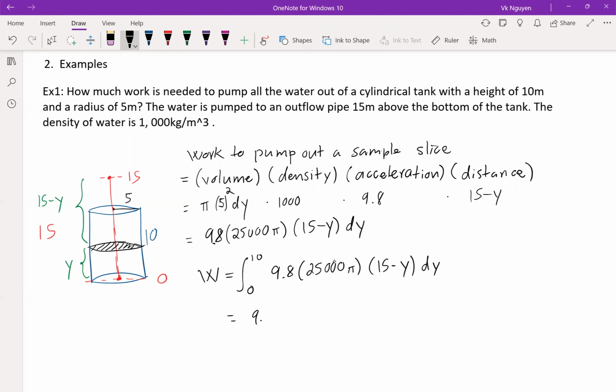This would be 9.8 times 25,000 pi times 15y minus y squared over 2, evaluated from 0 to 10.